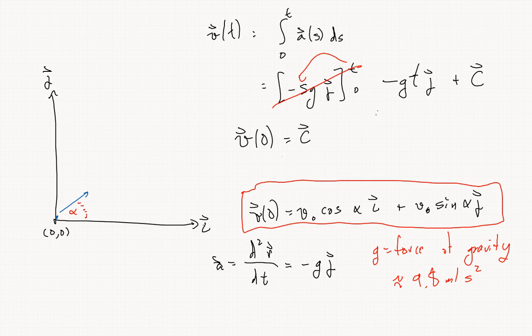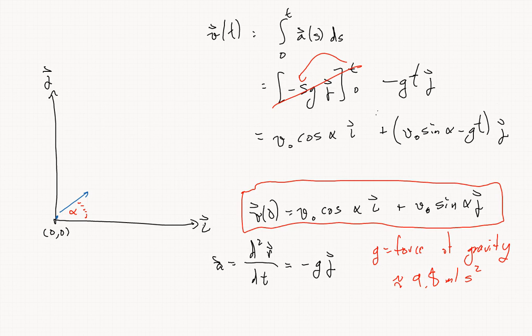So our expression for the velocity at time t is v0 cos alpha i plus (v0 sine alpha minus g t) j.